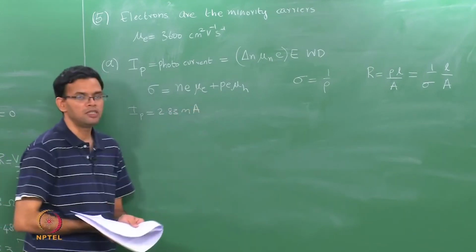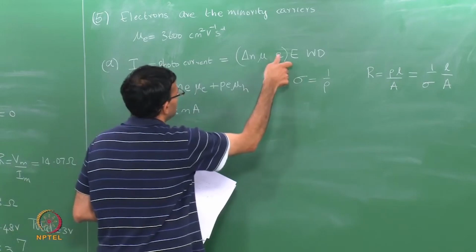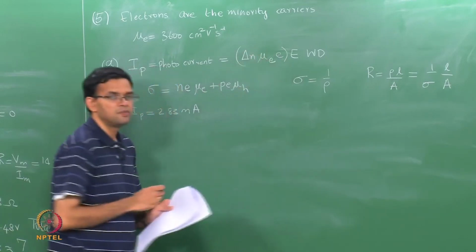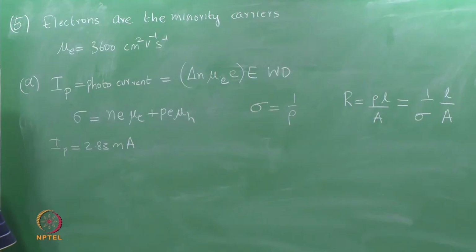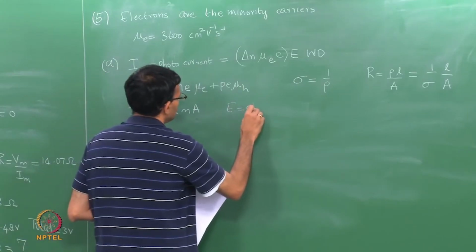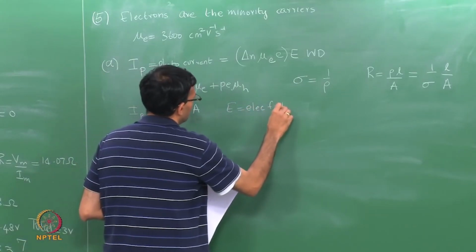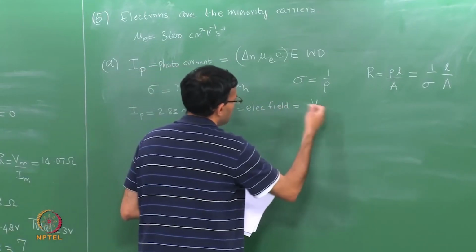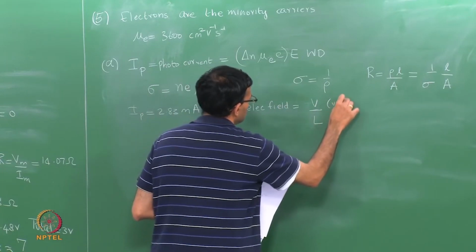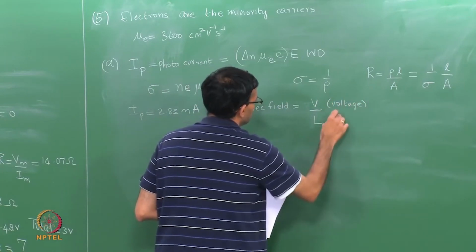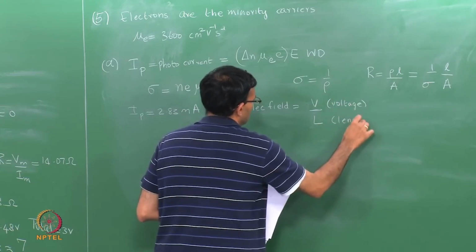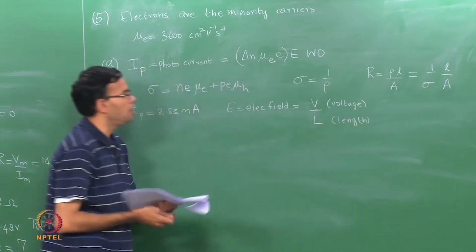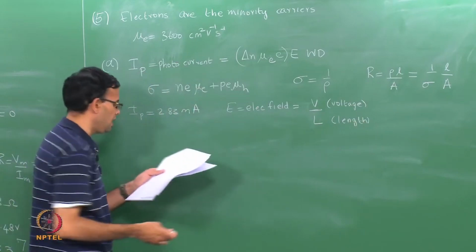The electron mobility is given. So, this should actually be mu e. The electron mobility is given, the dimensions of the device are given, E is the electric field, which is nothing but the voltage V divided by the length L. So, the only unknown in this expression is delta n.